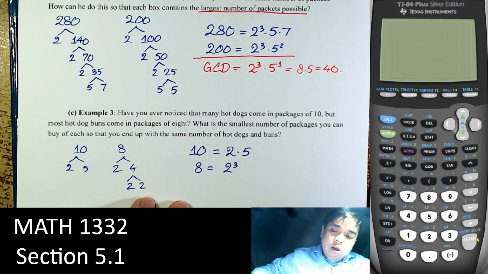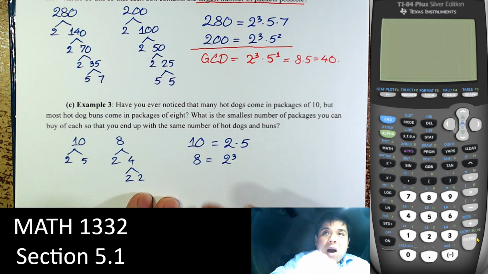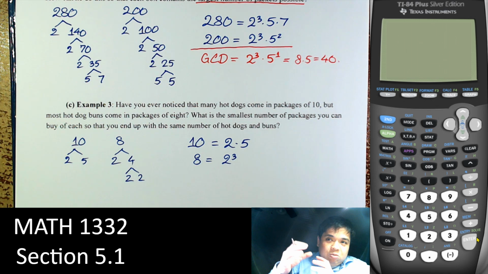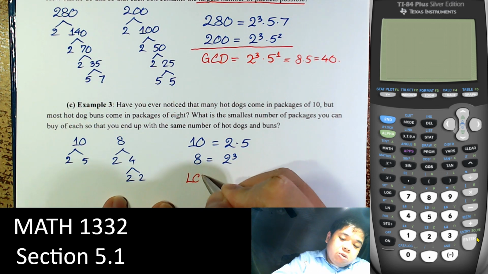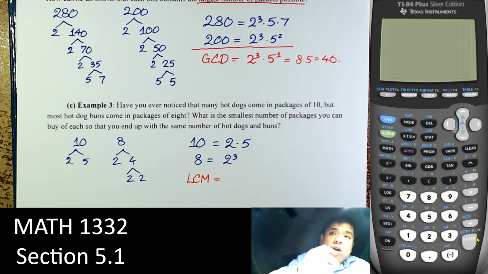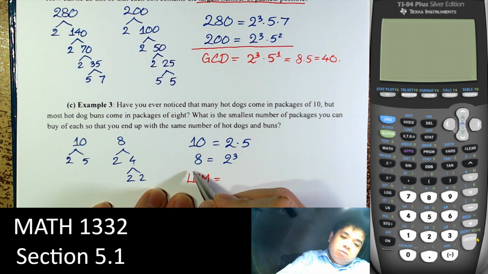Now, again, we do not break the package. We buy a bunch of packets so that we have the same number of buns as hot dogs. So that means we don't break them up. So that is not the common divisor. We actually stack them up. So that will be the least common multiple.